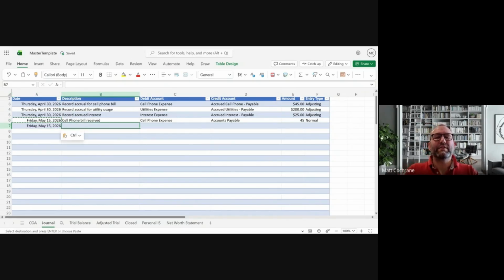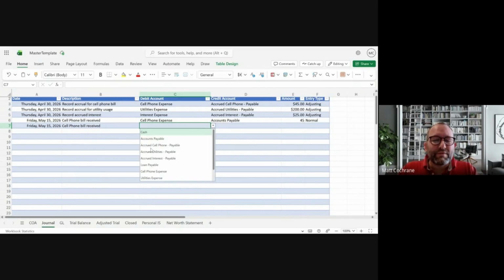And because we have this one line for one entry system, we've got to add the same thing here. So cell phone bill received. So accounts payable, this covers 45, but the bill was for 90. So where does the other 45 come from? This comes from this accrued cell phone bill.